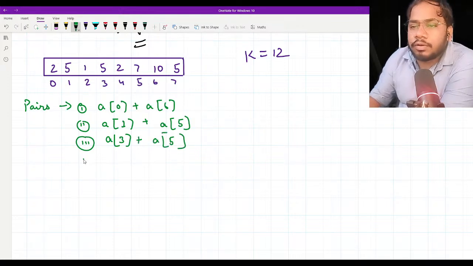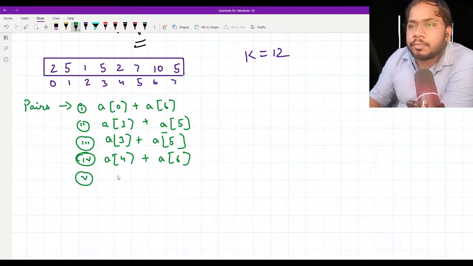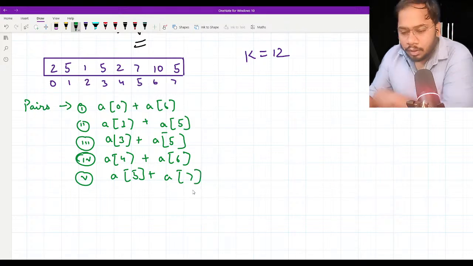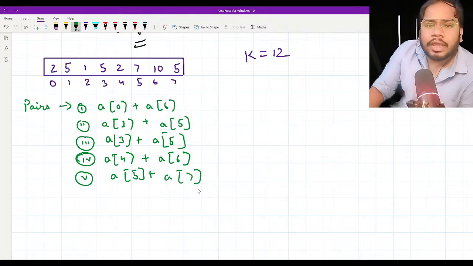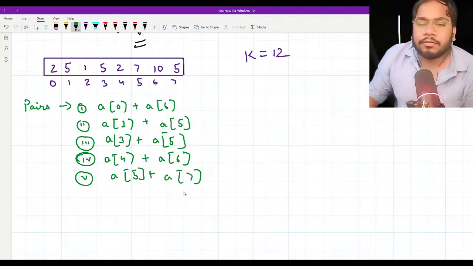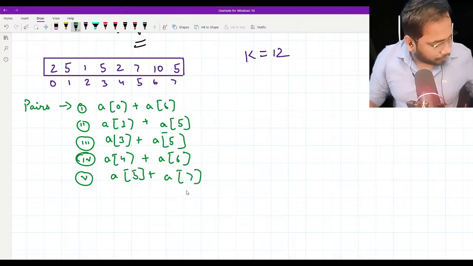Then we have a of 4 plus a of 6, and a of 5 plus a of 7. So how many pairs do we have? We have 5 pairs, right? We have 5 pairs.